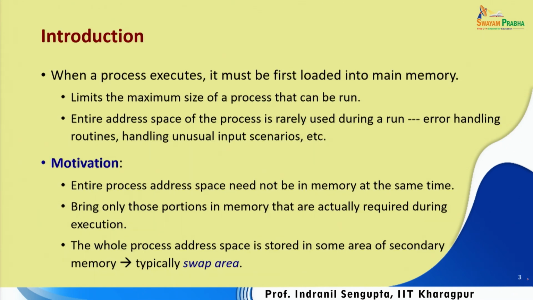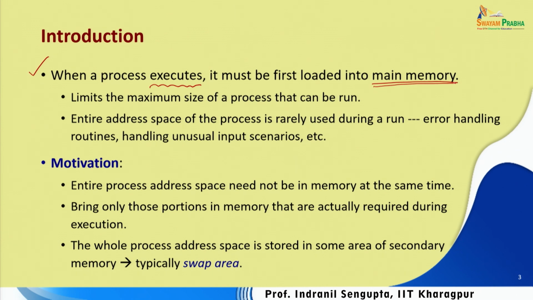As I said, what we discussed earlier is that when you run a process, the first thing you need to do is to load the program into main memory. Why is this necessary?